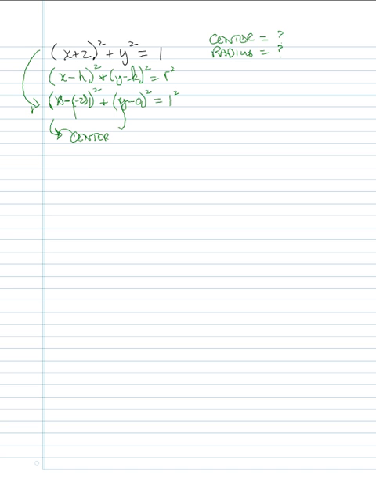The center has an x value of negative 2 because that's the h, the value that's being subtracted from x. And the y value of the center is 0 because 0 is what's being subtracted from y. And of course then the radius in this case is just 1.